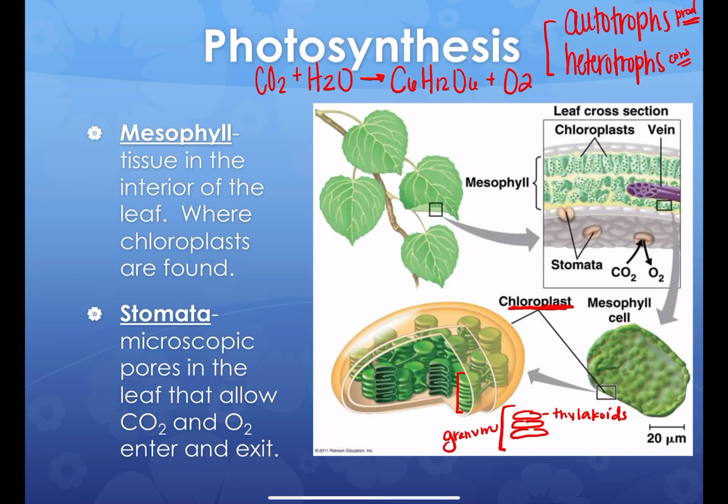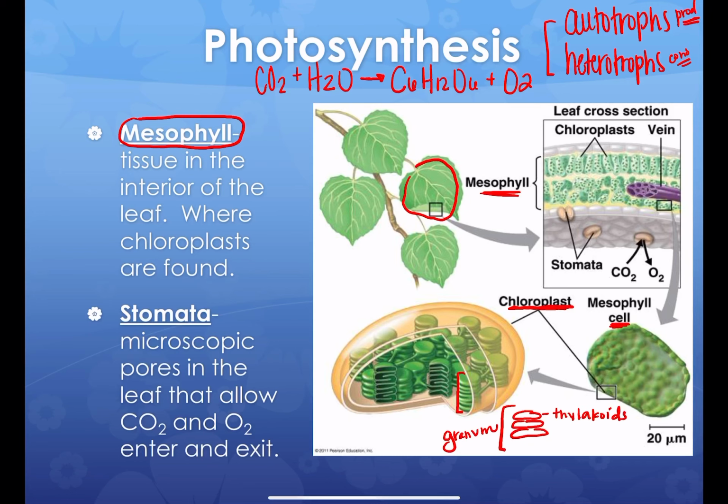So we have our cell. Here's our cell. It groups in tissues. The tissue here that photosynthesis happens in is called the mesophyll. It's inside the leaf, and that's the tissue that has the most chloroplasts. And the organ it's in is the leaf.